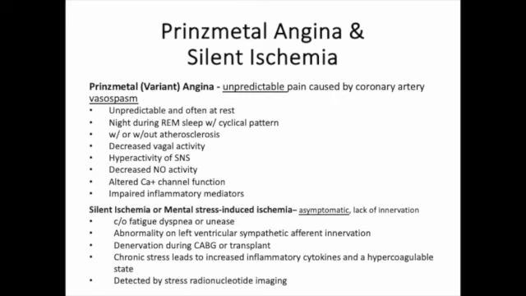Other things that can cause Prinzmetal angina would be altered calcium channel functions in these arterial smooth muscles and endothelial dysfunction. These two things together will promote the release of inflammatory mediators like serotonin, histamine, endothelin, or thromboxane, which would increase your risk of myocardial infarction as well.